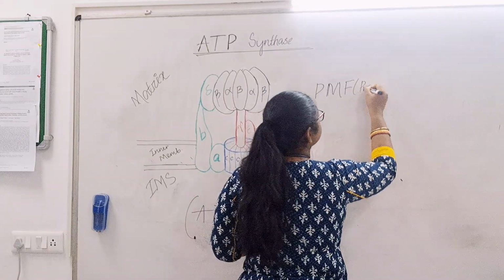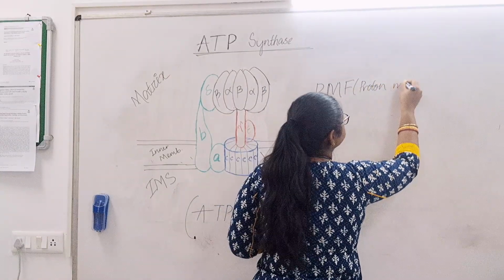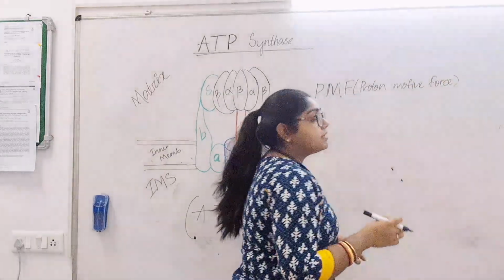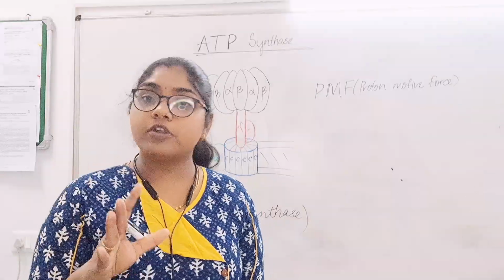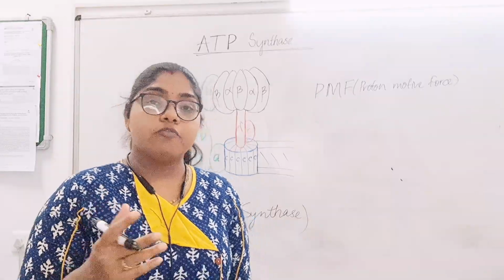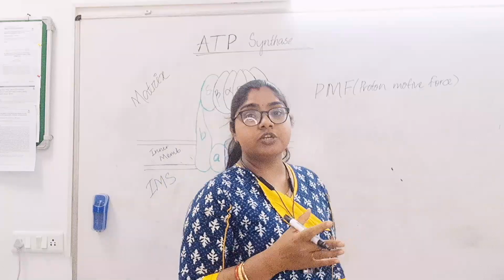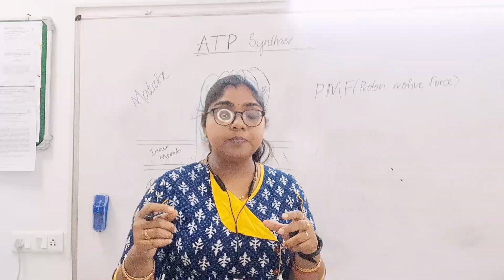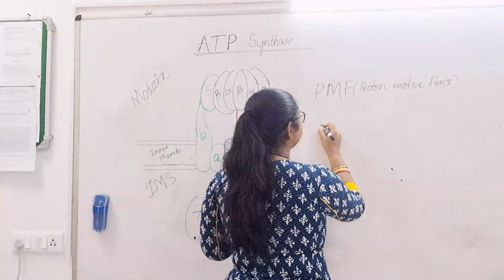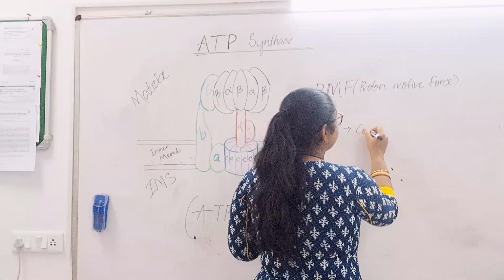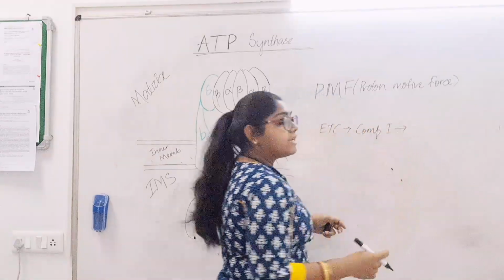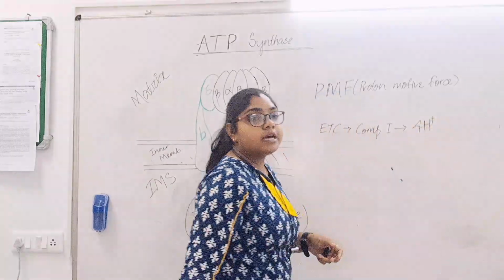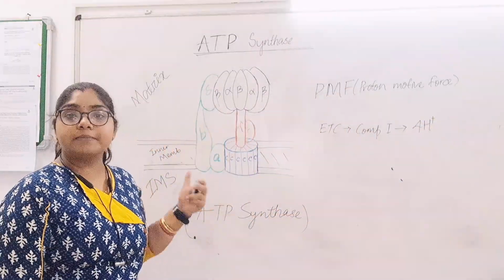If you remember the electron transport chain, it involves four complexes, complex 1, 2, 3 and 4, where NADH and FADH2 are oxidized and transfer electrons to produce ATP. Complex 1 pumps four protons from the mitochondrial matrix to the intermembrane space.